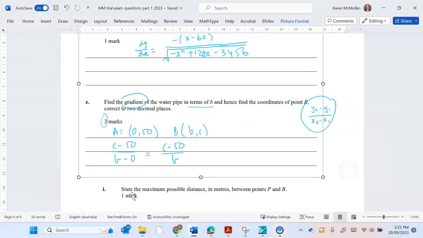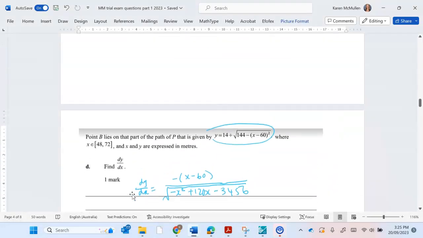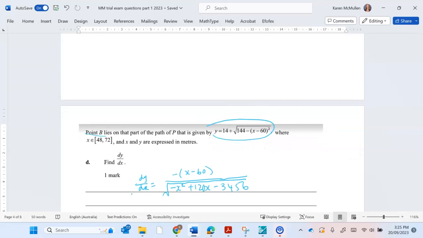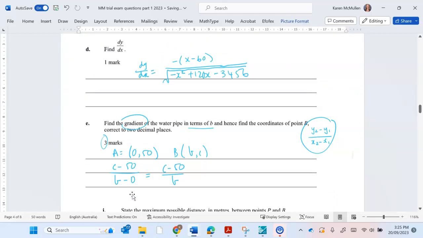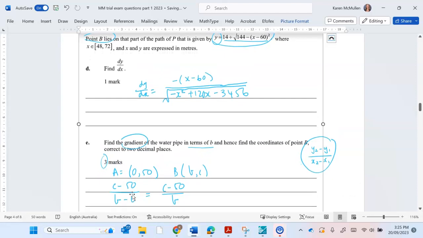There we go. I was looking at the solutions. So this point B, should have just read it correctly, point B lies on the path that is given by this. So our y coordinate of point B is given by this rule here. So in my gradient equation, I can just put that rule in.